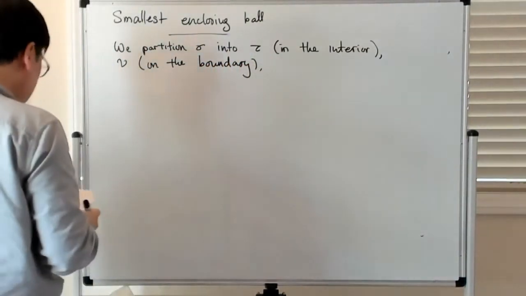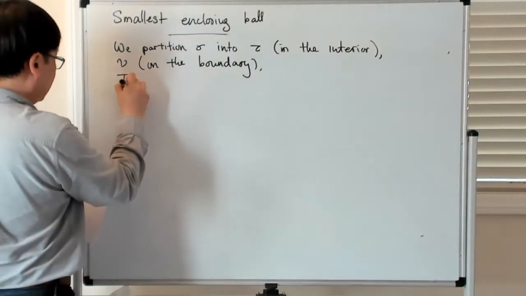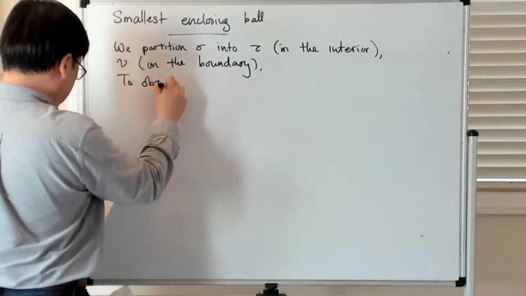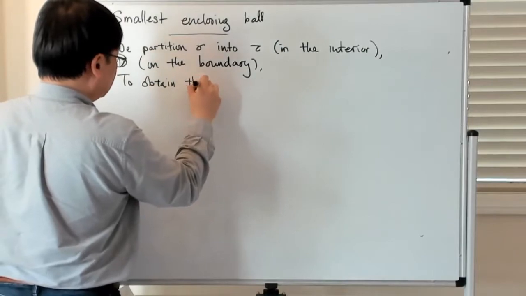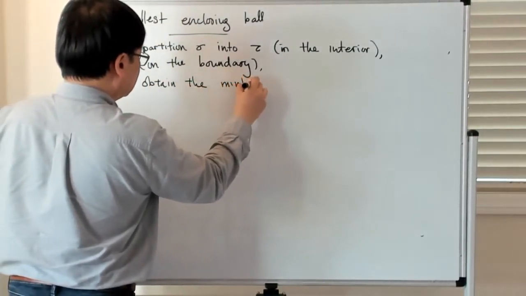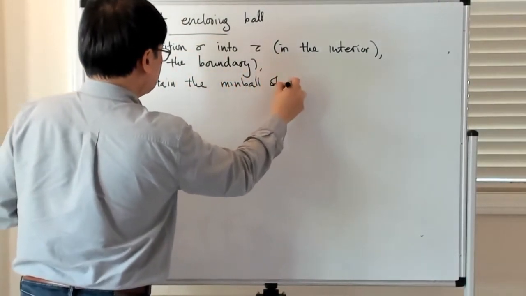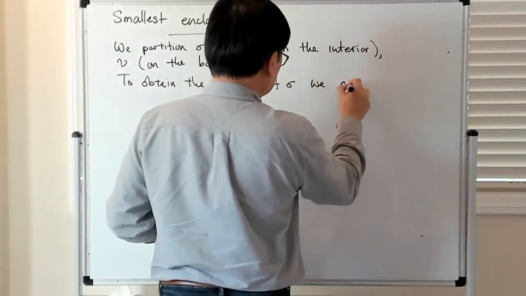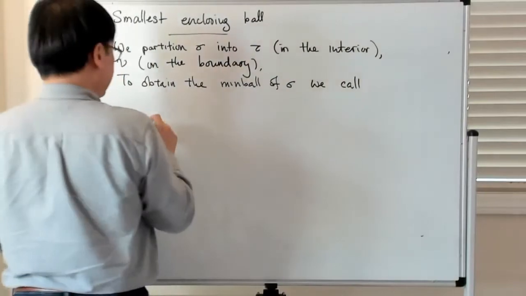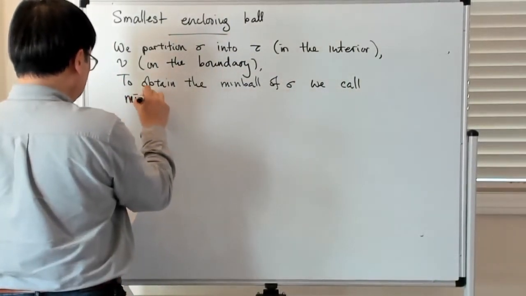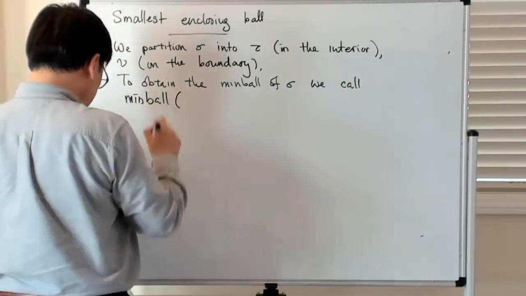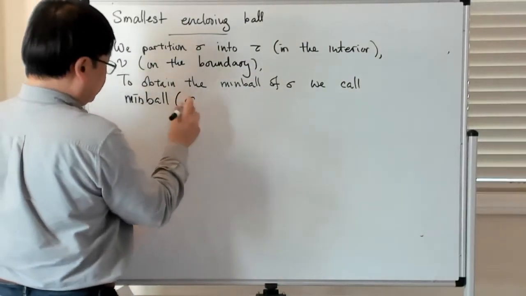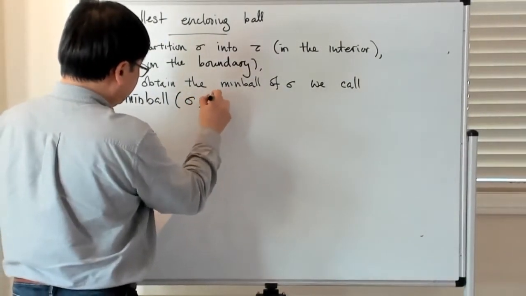Okay, and then to obtain the min ball of sigma, we call the following. So we call min ball with sigma and the empty set.